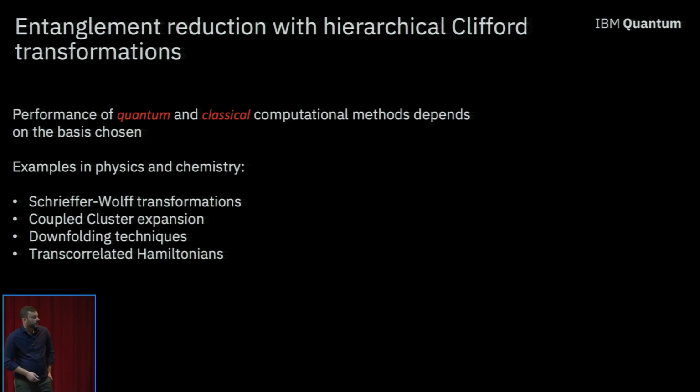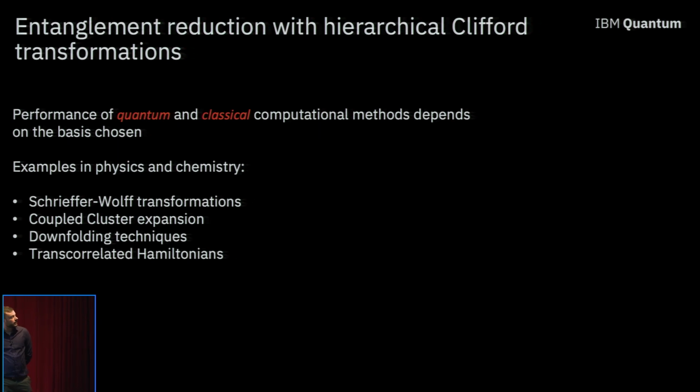So something that we are working on is trying to understand the power of tools coming out of quantum computation to massage and process quantum problems, right? So even both from the quantum and the classical side.